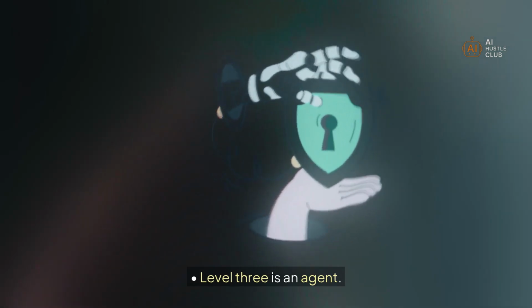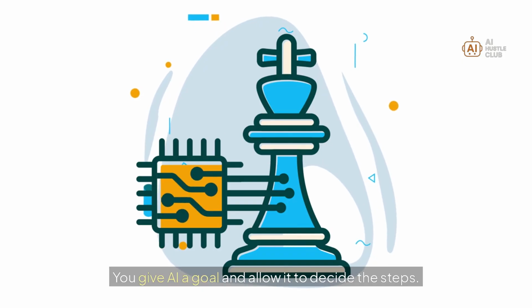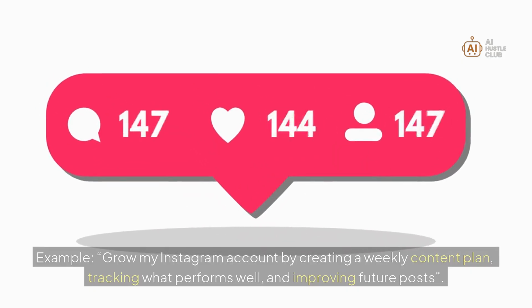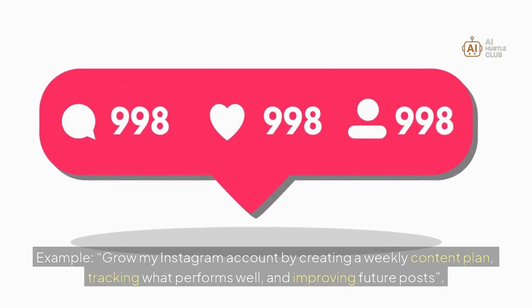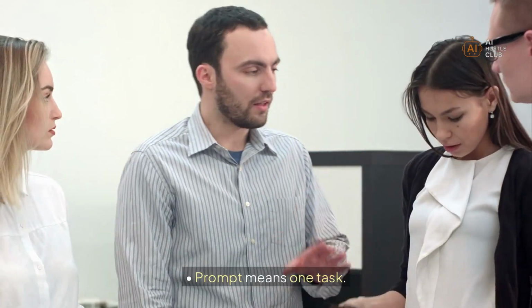Level 3 is an agent. You give AI a goal and allow it to decide the steps. Example: grow my Instagram account by creating a weekly content plan, tracking what performs well, and improving future posts. That's the difference. Prompt means one task.